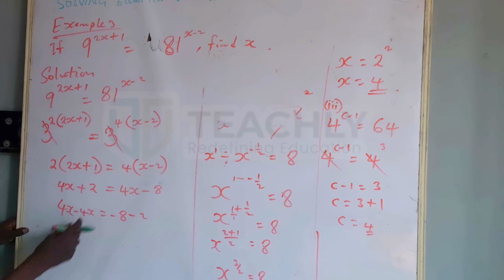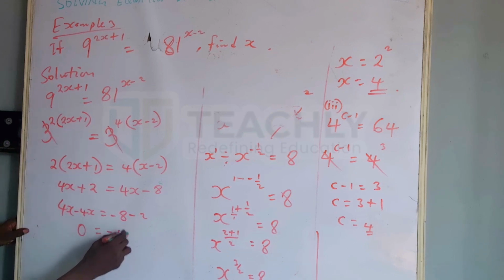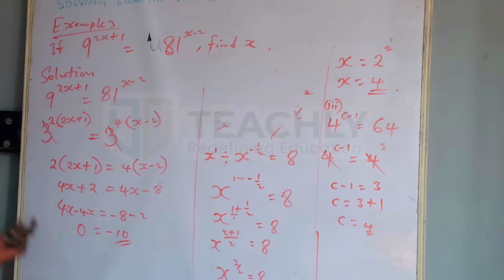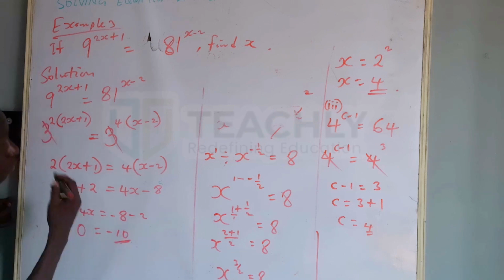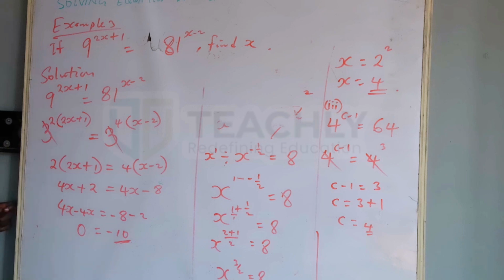Here, 4x minus 4x gives 0, equals minus 10. Generally what you have here is minus 10. Sometimes your x will give you 0 instead of a value. On a normal day, if the x here does not go to 0, x is equal to a normal value.